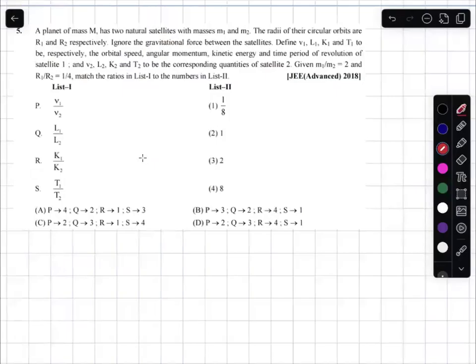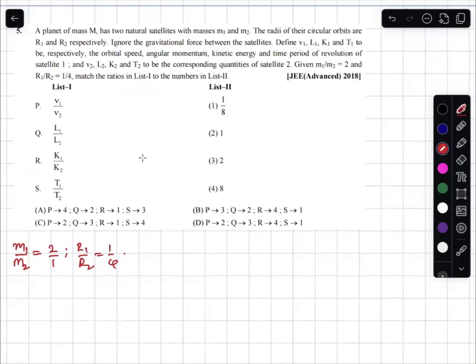Then, very simple. Any information given to me? No, they have given only two pieces of information: M1 by M2, the satellites' mass ratio, and the radius ratio of 1/4. Does orbital velocity depend on the mass of the orbiting object?